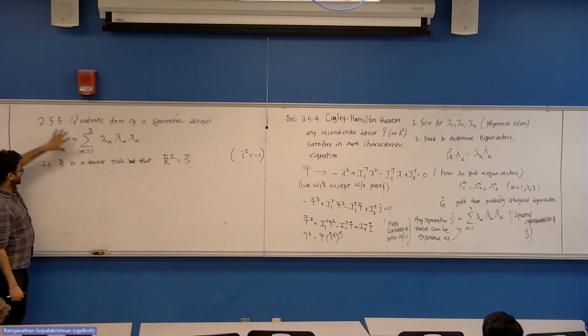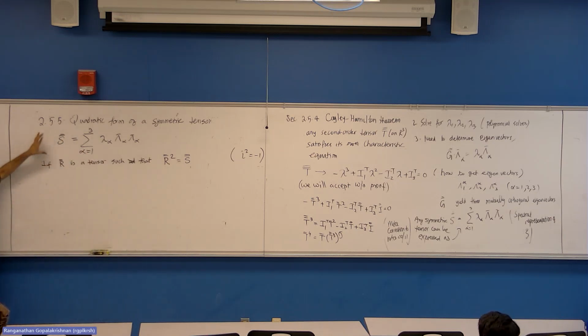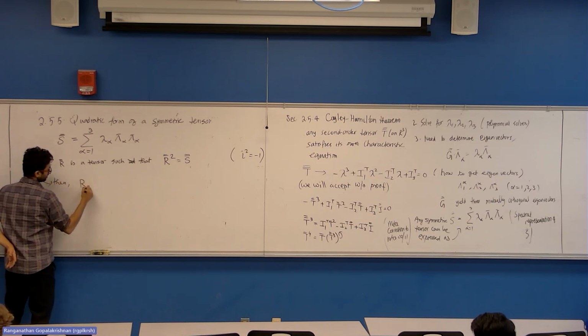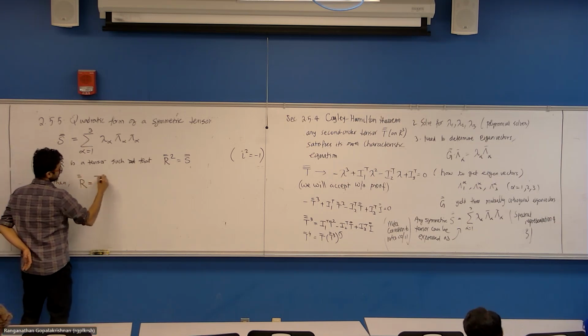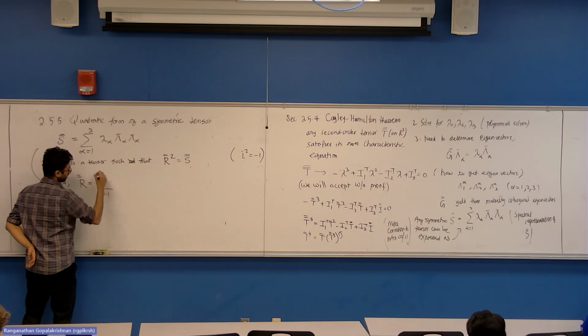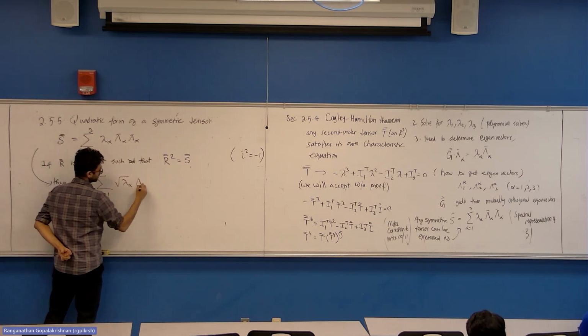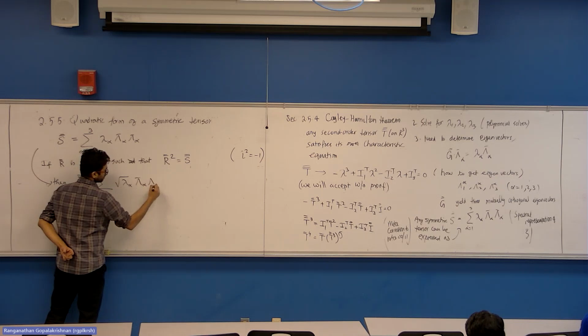If S can be written in spectral form in this way, then R is nothing but the sum over alpha equals 1 to 3 of square root of lambda alpha, gamma alpha tensor gamma alpha.